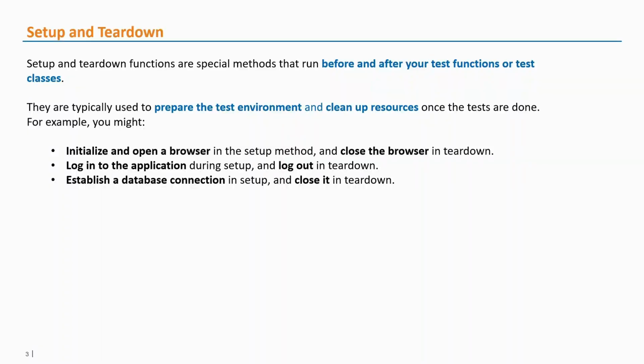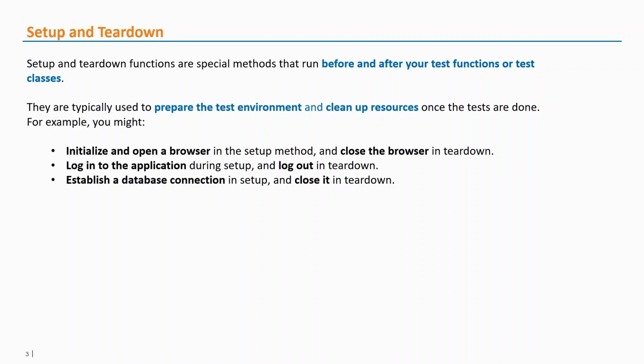With the tests organized inside a class, you can take advantage of setup and teardown functions. Setup and teardown functions are special functions that run before and after your test classes or test methods. They are typically used for test preparation, that is your setup, and cleaning up resources, that is your teardown.